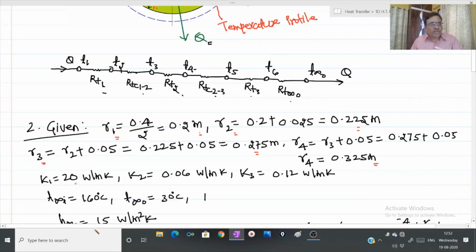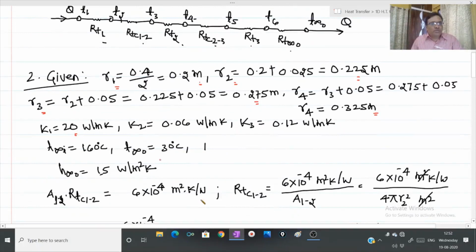Thermal conductivity of the spherical vessel is 20 watt per meter Kelvin. That of insulation 1 is 0.06 and of insulation 2 is 0.12 watt per meter Kelvin respectively.